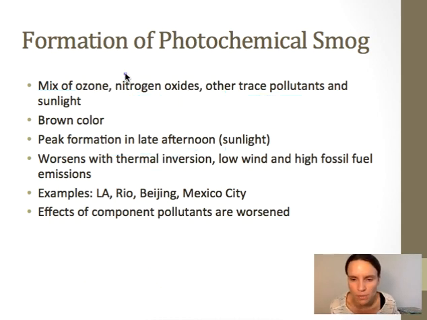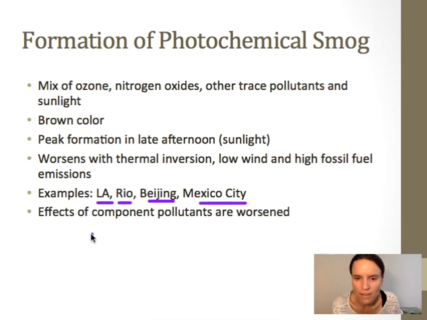Photochemical smog is getting to be a more and more serious problem in our world. Some cities where the smog is really bad are LA, Rio de Janeiro, Beijing, and Mexico City. People also talk about Athens in Greece as having bad photochemical smog, and Santiago in Chile.